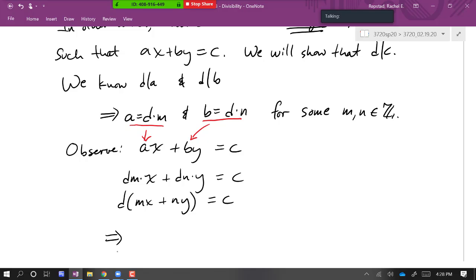Is it that mx plus ny is an integer? We do know that mx plus ny is an integer. Yep. Because d multiplied by some integer is equal to c, we can say that d divides c. Yeah, that's exactly what we can say.